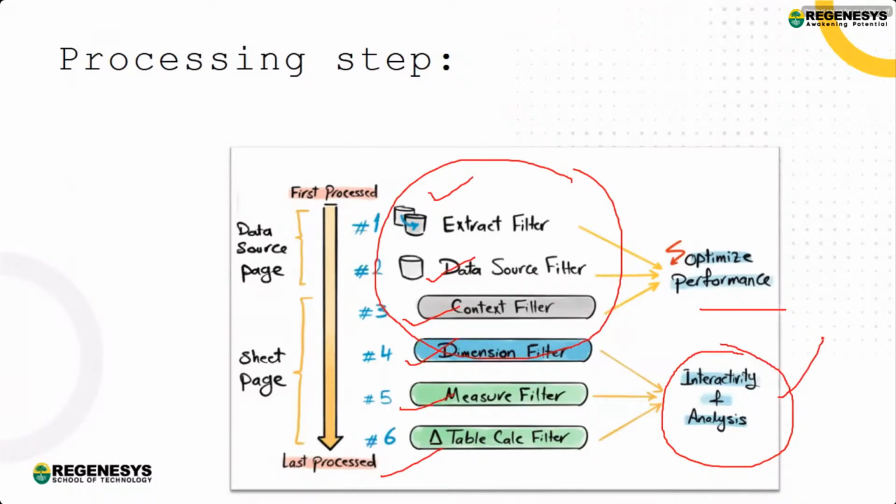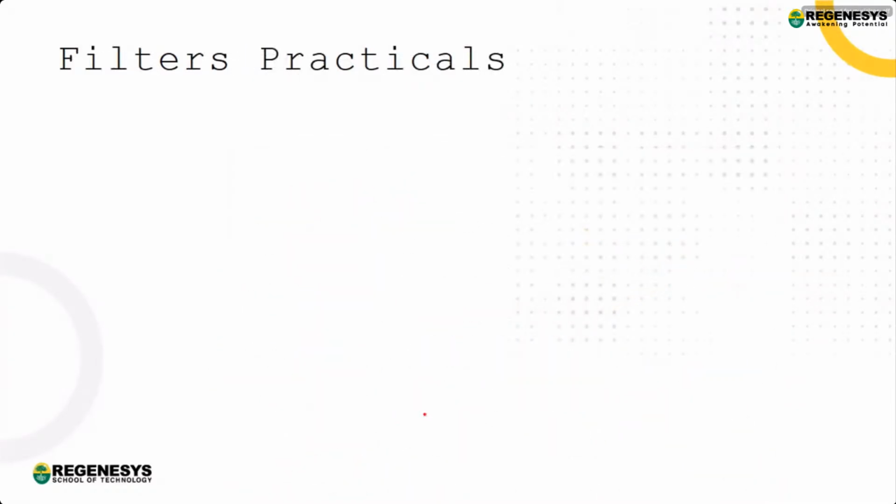When we have the data, it will give a clear idea, and that's why it is used for interactions and analysis. The starting two work on the data source page, and the remaining ones are applied on the sheets. So we will be seeing all this today: context, dimension, measures, and table.